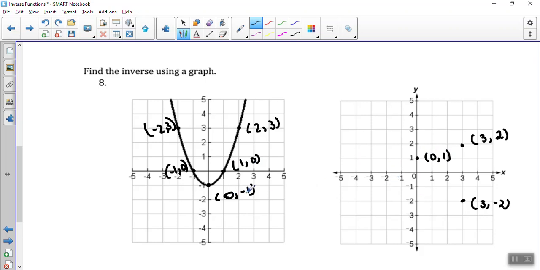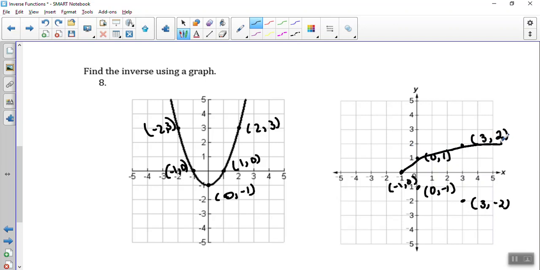Then 0, negative 1 becomes negative 1, 0. Negative 1, 0 becomes 0, negative 1. That was a confusing one. And then negative 2, 3 would be 3, negative 2. Oh, I already did that one. Okay, I think I have enough, so let me connect these dots.